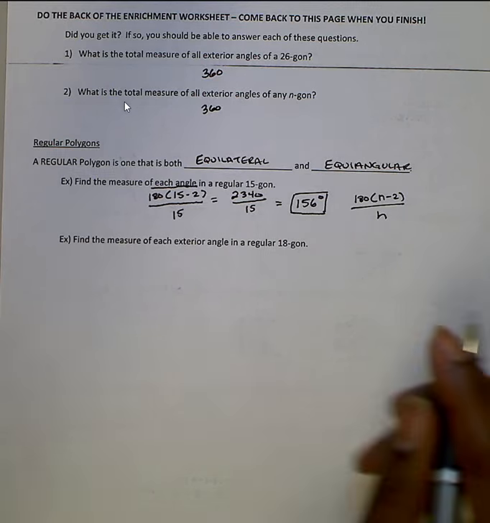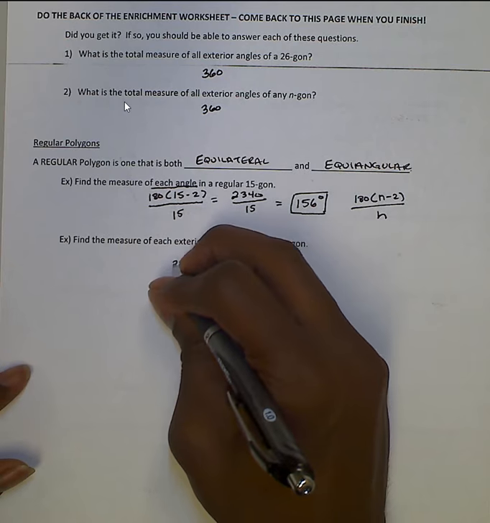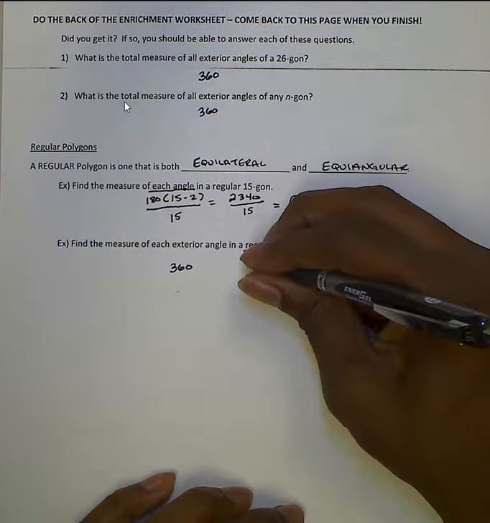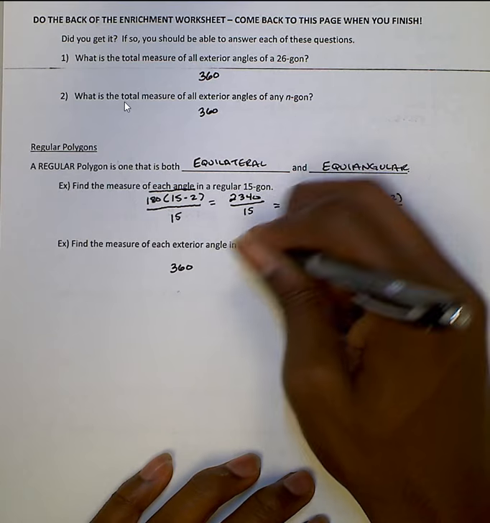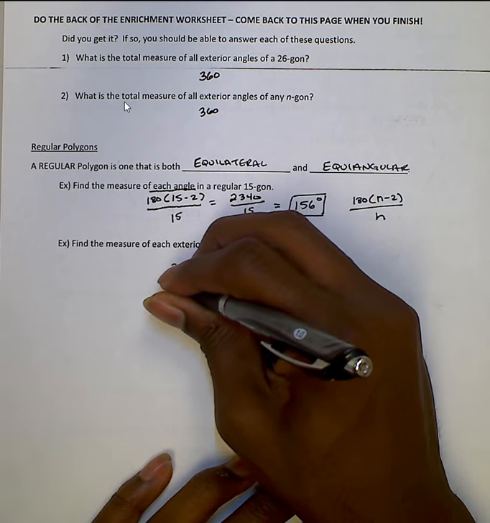Next example says find the measure of each exterior angle in a regular 18-gon. What do we know about the sum of exterior angles? They will all be 360. Regular, remember, important word, means that all the angles are going to be the same. 18 sides means there are going to be 18 angles.